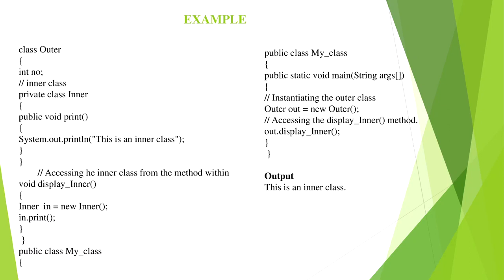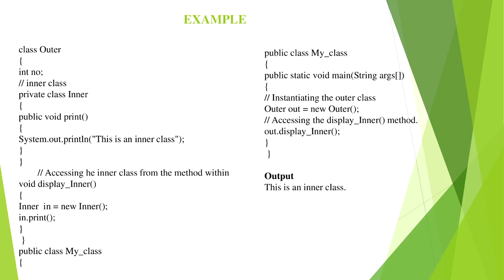Class outer. Here the name of the class is outer, and this is the outer class. I take one variable of type integer, and then I create the inner class: private class inner. Inner is the name of the class, declared as private. One method, print. In that method, I just print the message, this is an inner class.